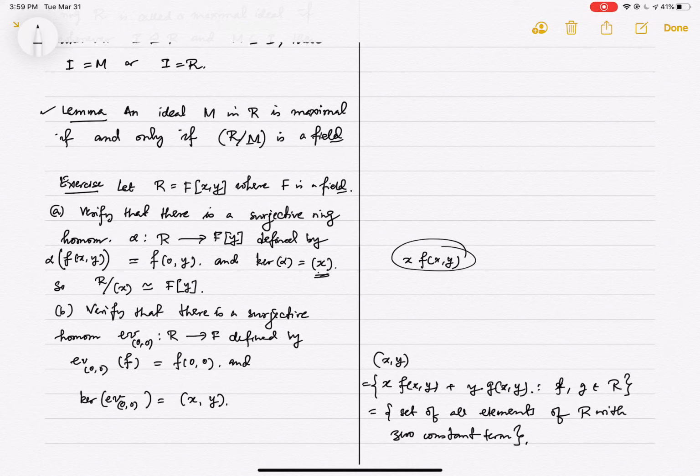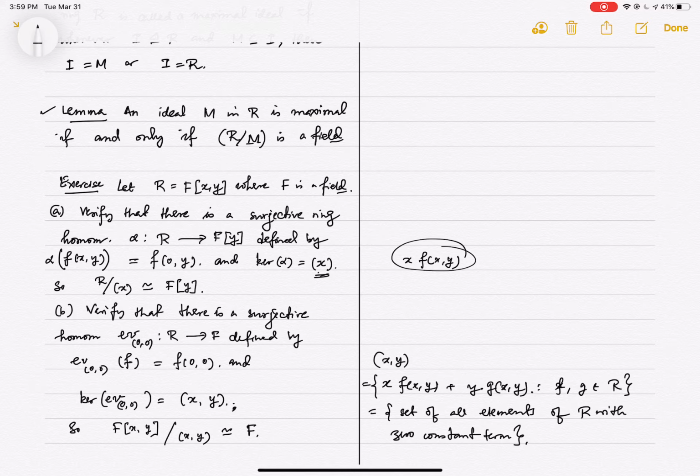In any case, because this ideal is the kernel of this evaluation homomorphism, and the evaluation homomorphism is a surjective ring homomorphism, again by the first isomorphism theorem, what I get is that the domain ring mod the kernel is isomorphic to the image.